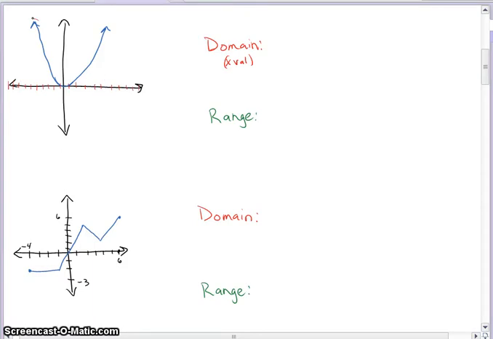Since these arrows indicate that the graph is going to go on and on and on forever and ever, it's going to keep going this way, so it will hit all of these negative numbers. Same with over here. The arrow indicates it's going to keep going, so eventually it will get to all of the x values. So the domain will still be all real numbers.